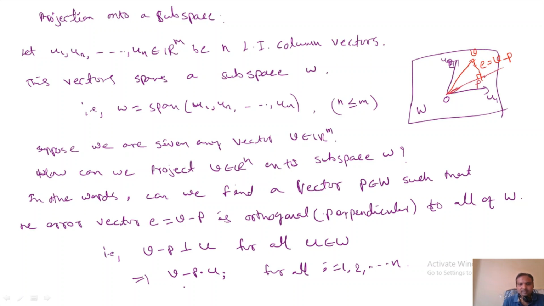As an inner product, this is Ui transpose times V minus P equals 0 for all i equal to 1 to n.